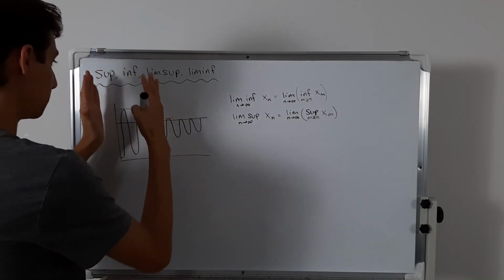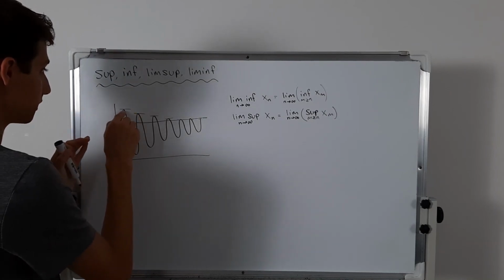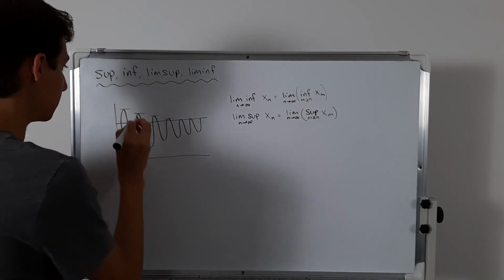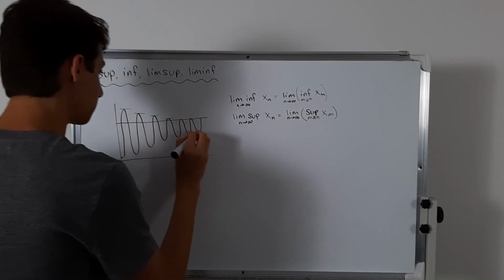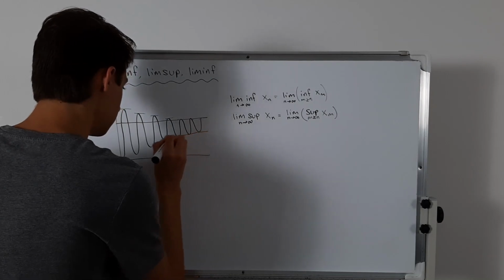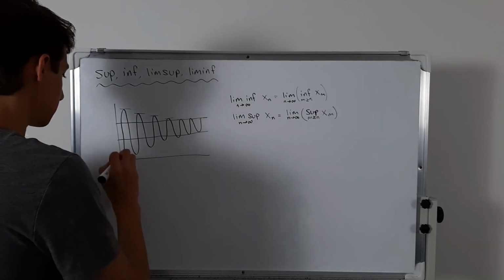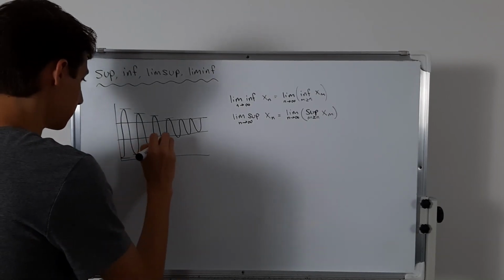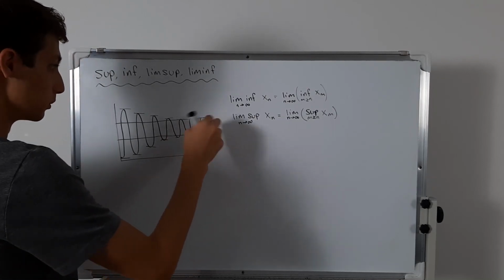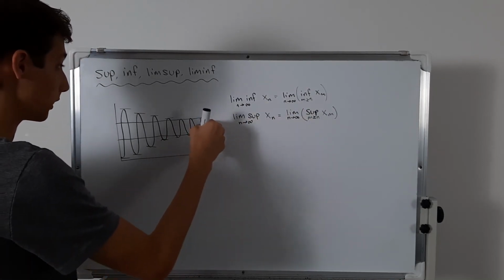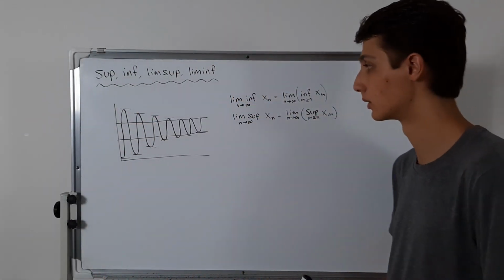If we take this region, the superior is there. We take this region, superior is there. And the superior is converging to this particular value. And so is the inferior. We take something like this, and we see that this range is going. And so we get inferior, inferior, and this is going to keep approaching the limit superior and the limit inferior, like that. So I hope this kind of helps you understand what's going on.